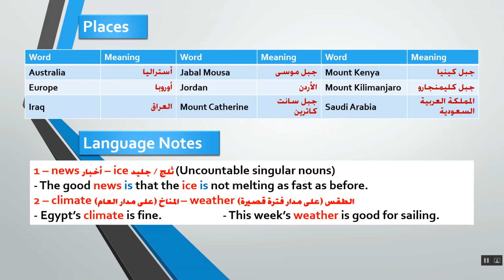Climate is the conditions of the atmosphere for a long period of time. Weather is the conditions of the atmosphere for a short period of time. For example, Egypt's climate is fine. Another example, this week's weather is good for sailing.